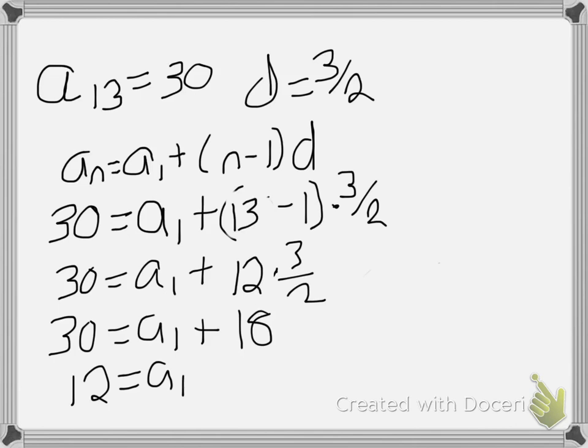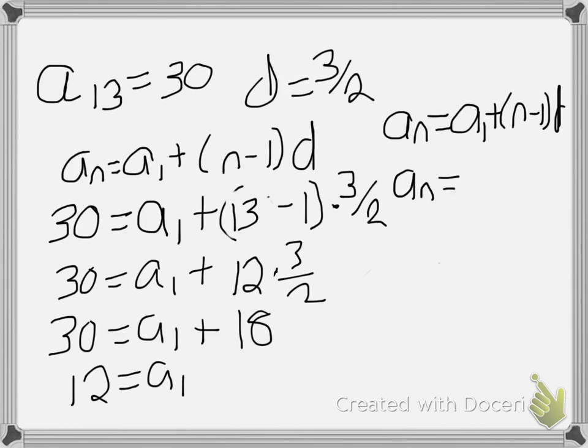Remember our original formula, a sub n equals a sub 1 plus n minus 1 times d. Now, what do we know? We now know a sub 1 is 12, but we still need to readjust our formula. So a sub 1 is 12 plus, now I've got n minus 1, so n minus 1 times 3 over 2.